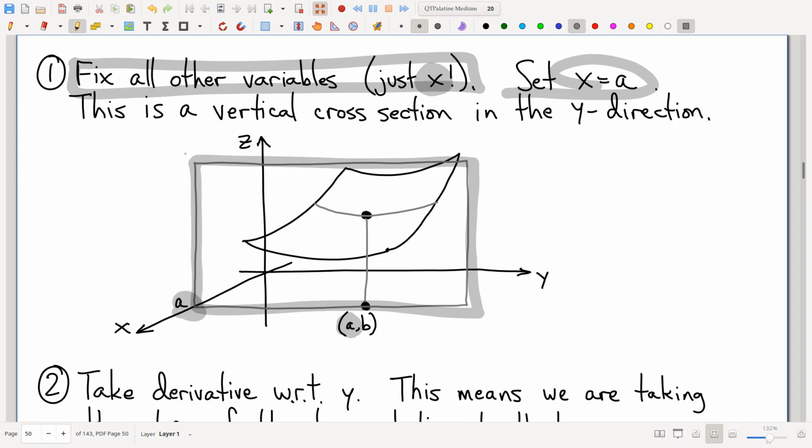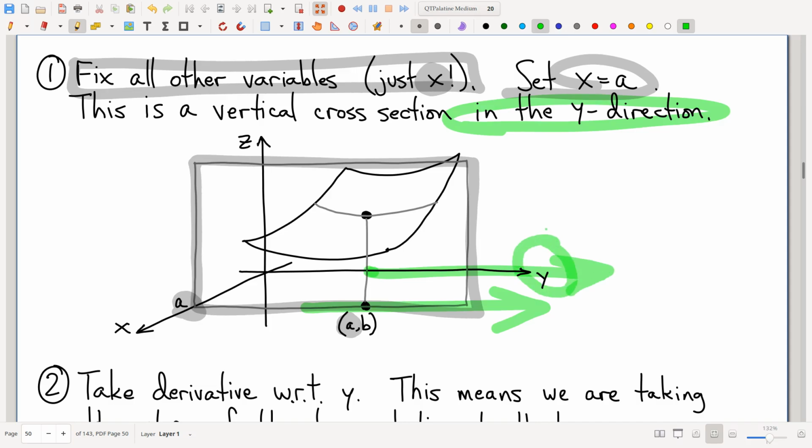In particular, that's a vertical plane, right? In the three-dimensional world that we create when we talk about graphs, that is a vertical plane. And furthermore, it's a vertical plane perpendicular to the x-axis. And being perpendicular to the x-axis means that plane is going in the y direction.